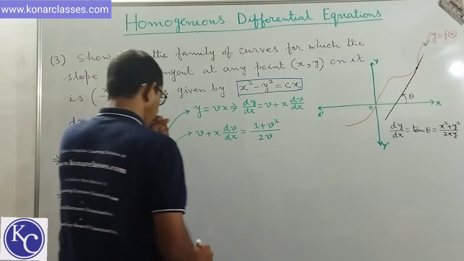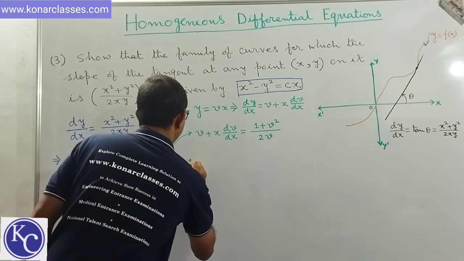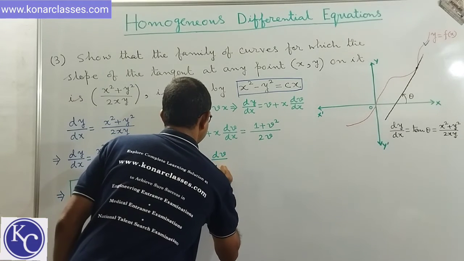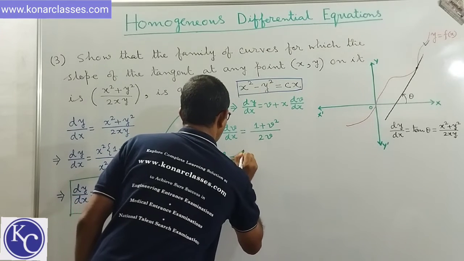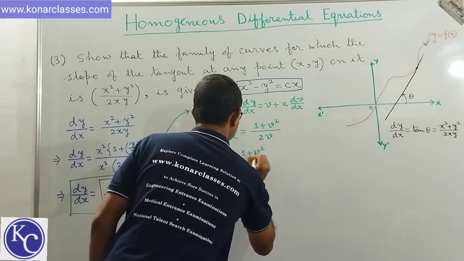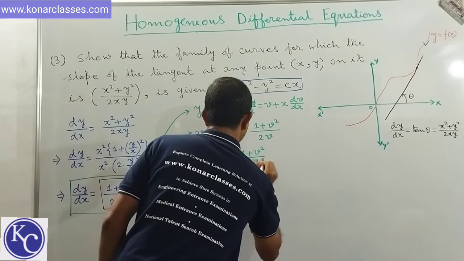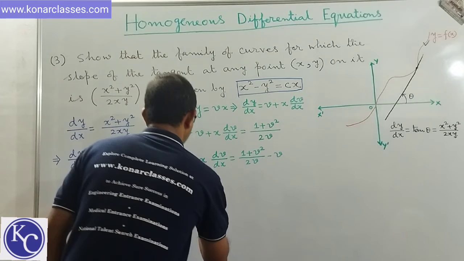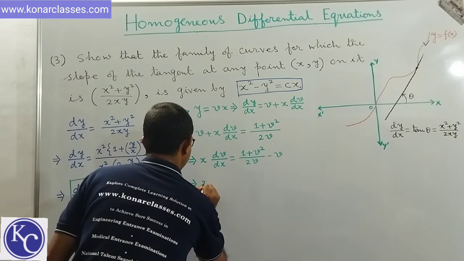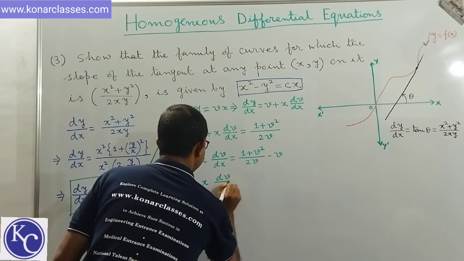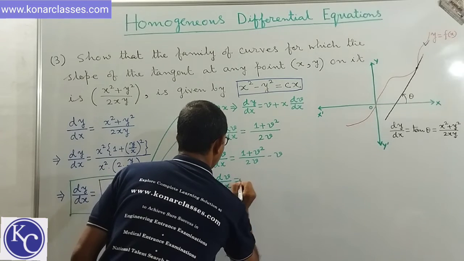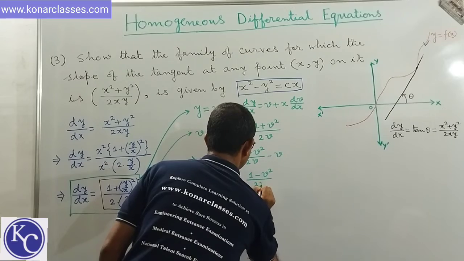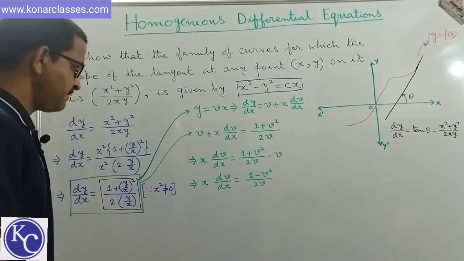So from here, dear students, x into dv/dx is equal to (1 plus v square) divided by 2v minus v, correct? So from here we get x into dv/dx is equal to (1 minus v square) divided by 2v, correct?